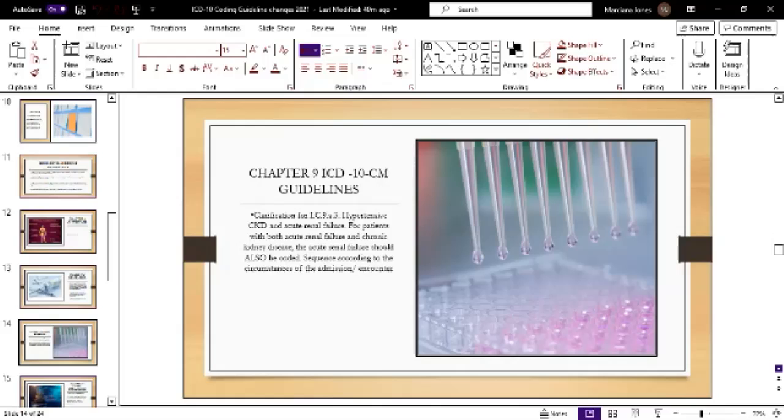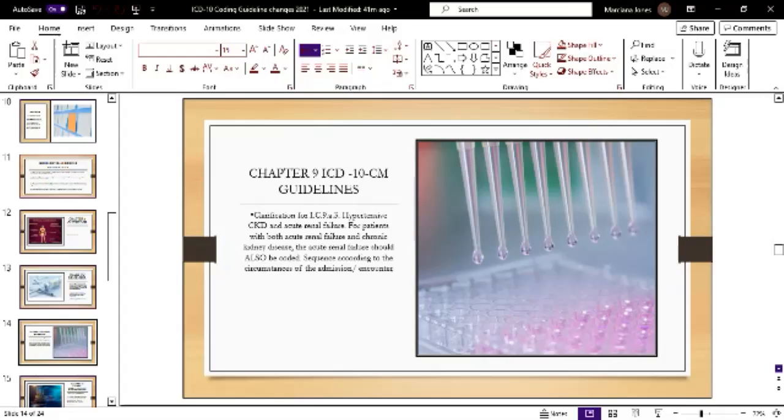It can be confusing because I've read charts before and I would have to refer back to the guidelines when I initially started coding years ago. You would see acute kidney injury and then you would see CKD. So you would think in your mind, okay, if I code the CKD, they're automatically saying they have kidney issues, so I don't have to code the acute kidney injury because I'm already coding that they have chronic kidney disease. So here is the guideline explained and clarified for you guys.